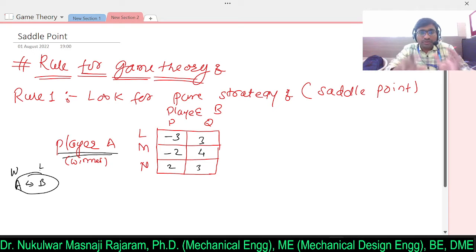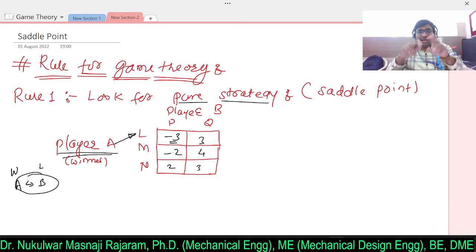As we have seen, what is a pure strategy? When the net payoff must be equal to 0. So if someone is gaining, it means someone is losing. So in this game A is gaining and B is losing. If player A plays, let's say, strategy L, in that case if you observe, -3 is written. What is the meaning of this -3? It means that A is losing 3 rupees to player B. Clear?